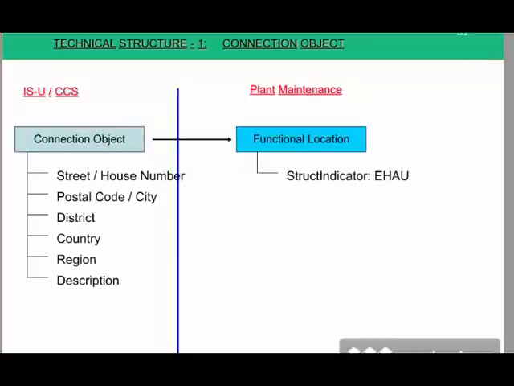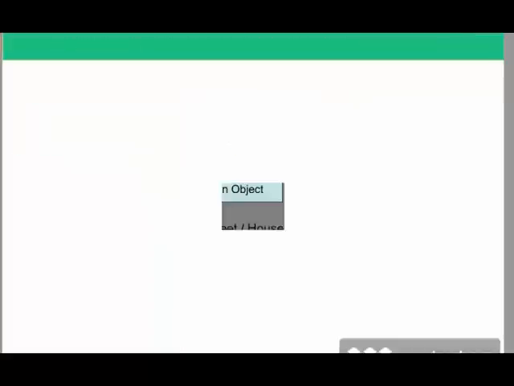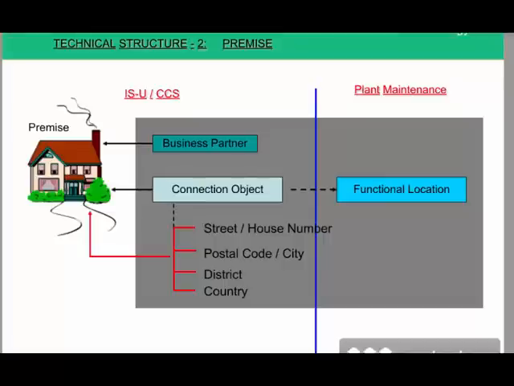This shows the connection between SAP ISU and plant maintenance. Connection object in SAP IS-U is a functional location in plant maintenance. Connection object in SAP IS-U is the ISU house, which has attributes like street, house number, postal code, city, district, and county, and it is the functional location in plant maintenance.